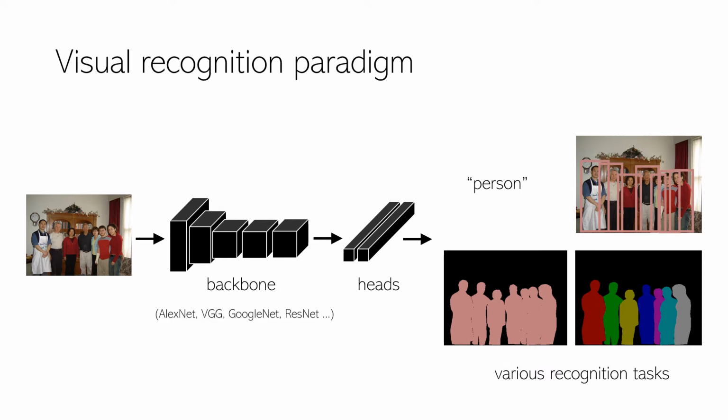Here are four kinds of recognition tasks, including image classification to produce a label for the image, object detection to produce all object boxes in an image, semantic segmentation to produce category labels for each pixel, and instance segmentation to further differentiate different objects when labeling the pixels.